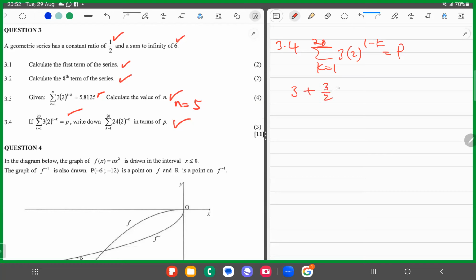When k is 1 in the beginning, it becomes 3. When k is 2, it becomes 3 over 2. When k is 3, it becomes 3/4. And then we add everything, up to 20, where we have minus 19.